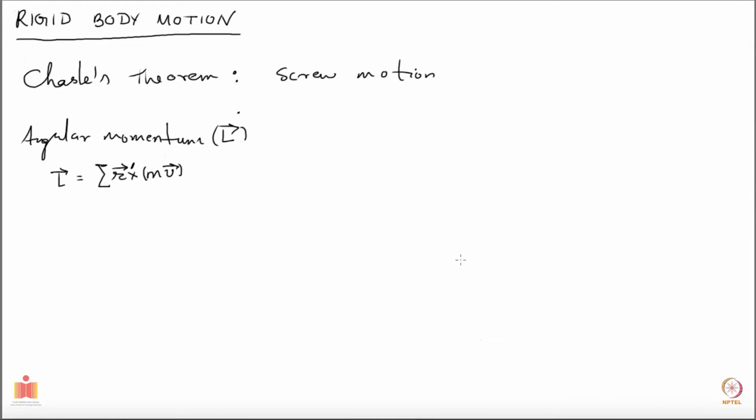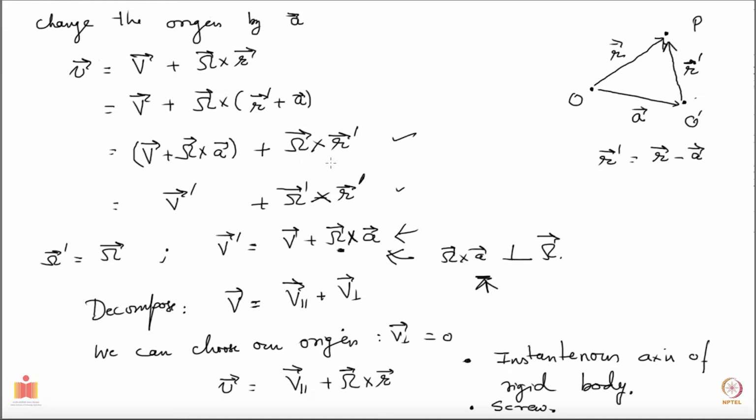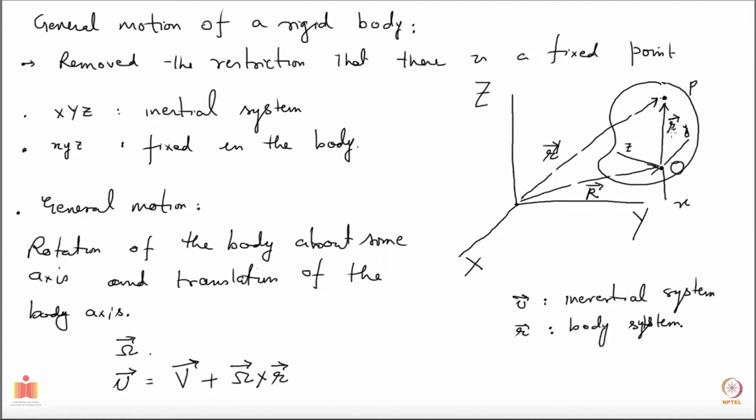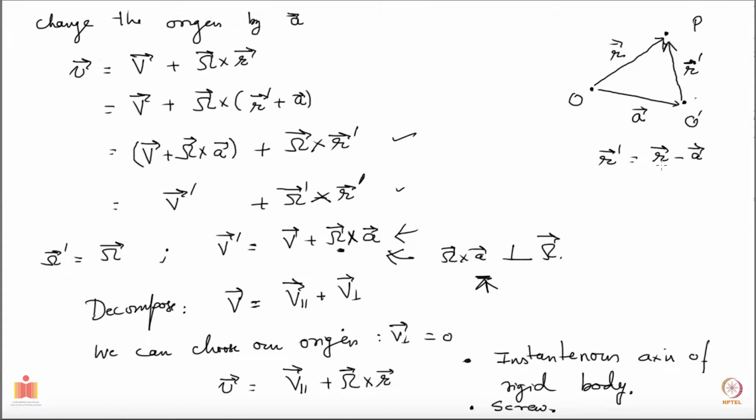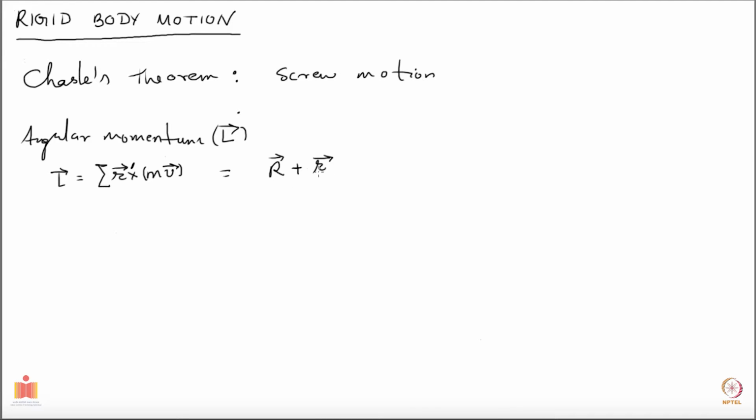Now I can write r prime as R, which is the position vector of the origin of the body system, plus the vector r, which is relative to the body system. This r is the coordinate of the point P with respect to the origin here. So we will remember that r is with respect to the body system, and this entire thing has to be crossed into mass times velocity.